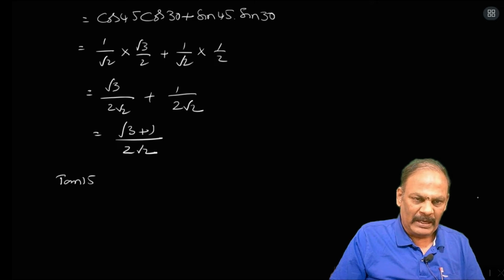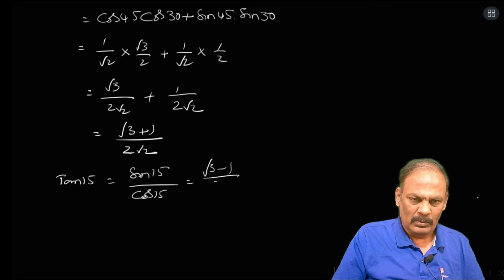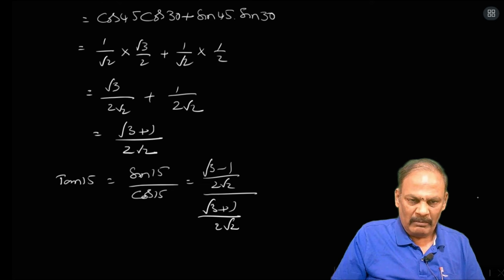Tan 15 is nothing but sin 15 by cos 15, that is root 3 minus 1 by 2 root 2 whole by root 3 plus 1 by 2 root 2. You can cancel 2 root 2 with 2 root 2.